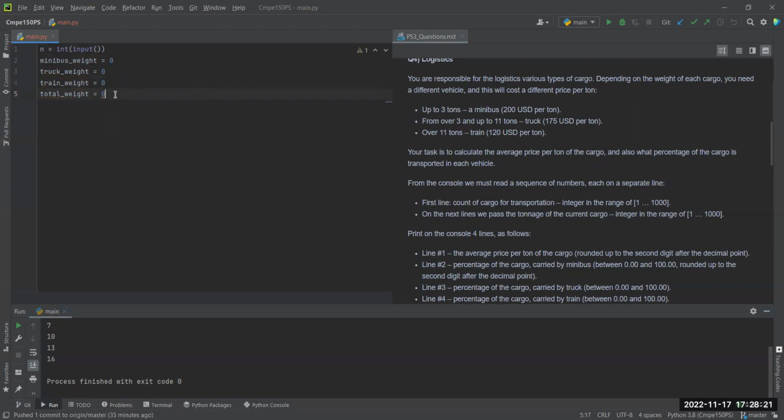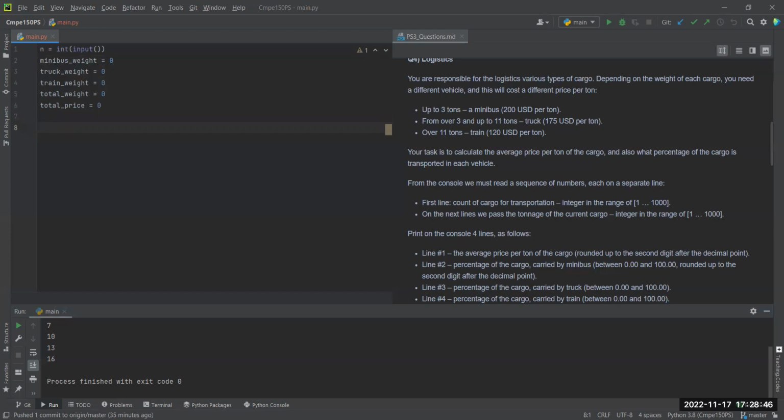Because we will need this to take the average price per ton of cargo. So we will divide the total price by the total weight of this cargo logistics system, and the total price is equal to 0 at first. These are only the initial parameters.